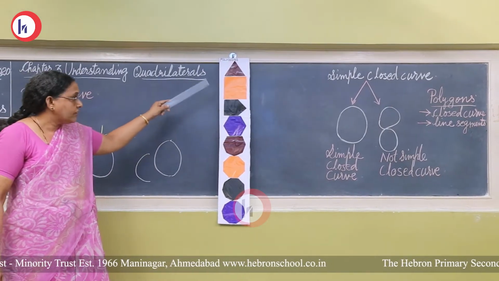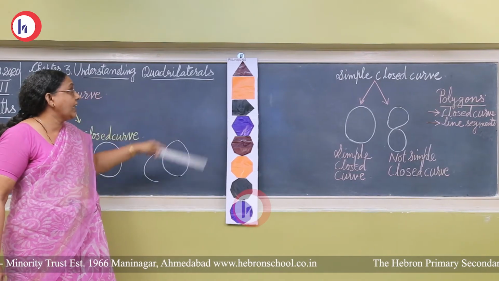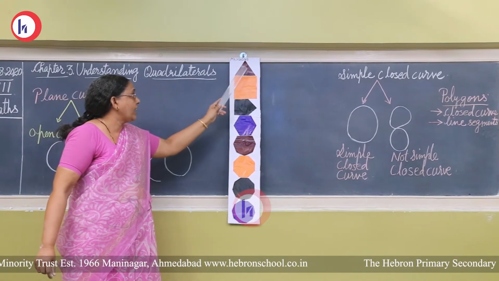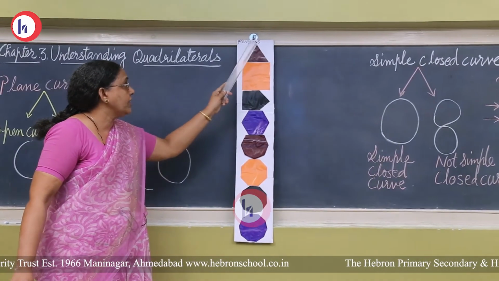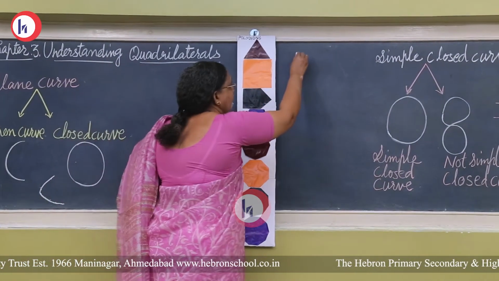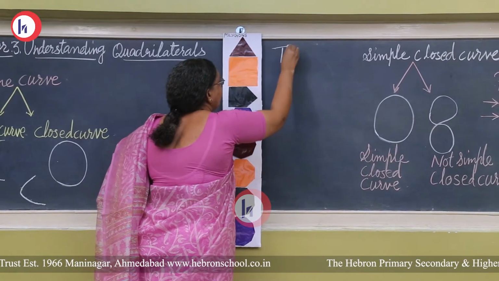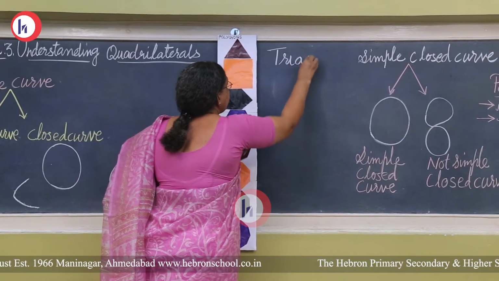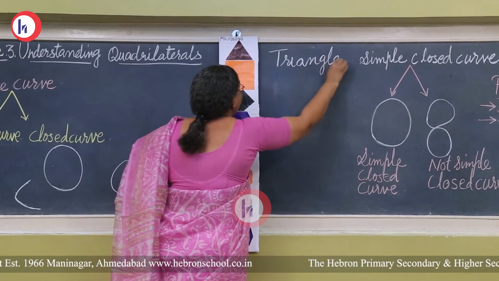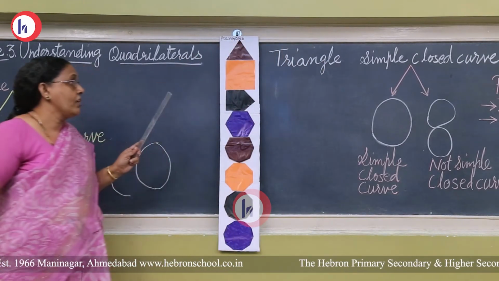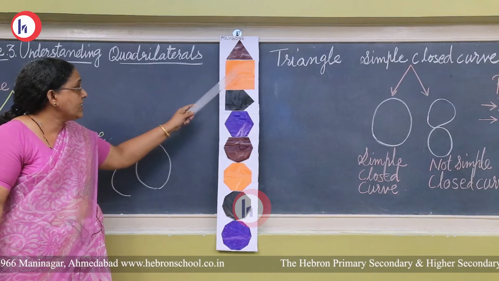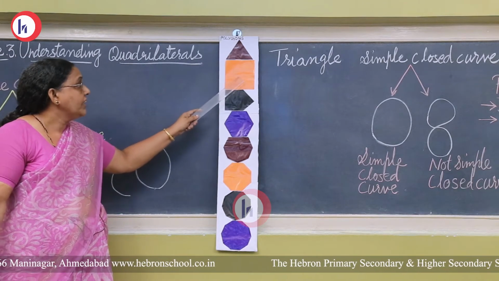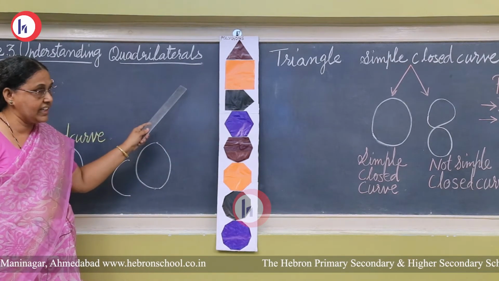On this basis, the first one, how many sides, line segments are there? 1, 2, 3. It is known as a triangle. So the polygon which has 3 sides is known as a triangle. Now, the second one, the polygon which has 4 sides, is known as a quadrilateral.